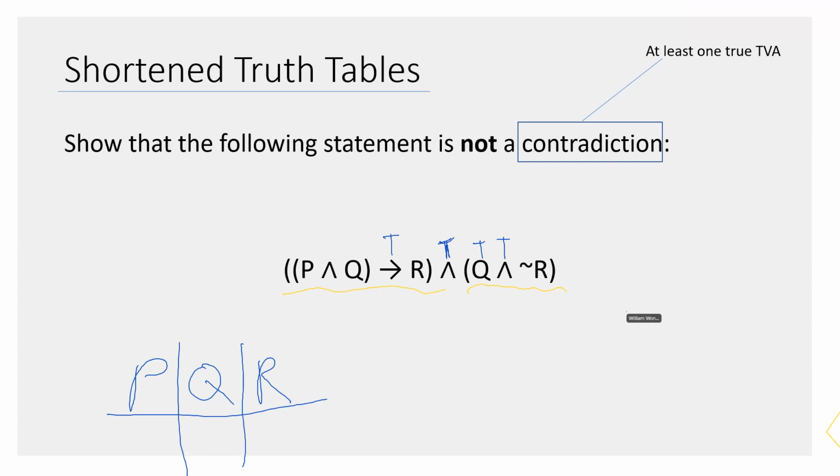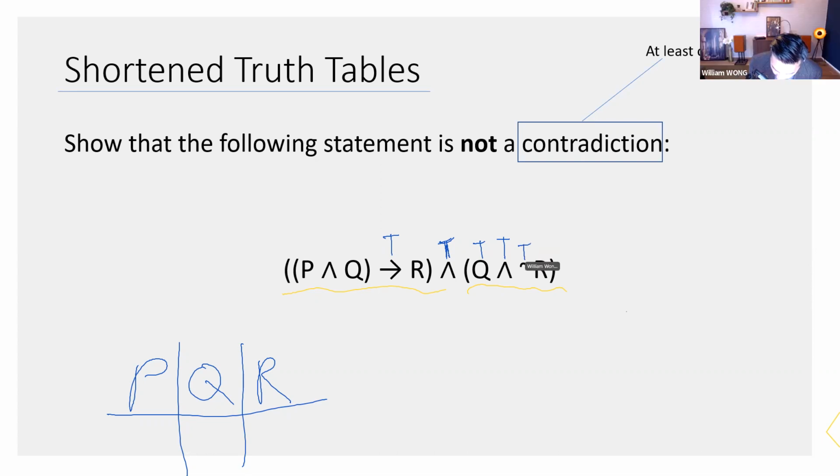So we attribute the truth value T to the negation. However, if the negation is true, then R itself must be false. Does everyone remember why? Because the negation must take the opposite truth value.